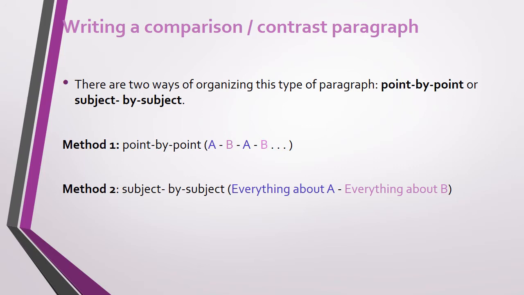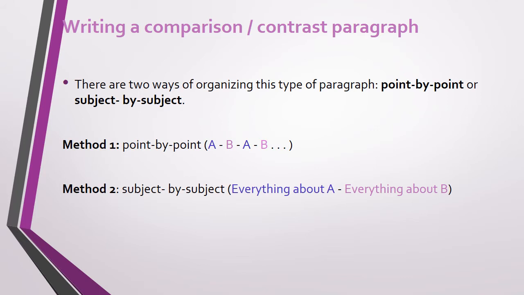Here, the discussion of A and B is done at the same time. So we alternate between information about A and information about B. We have A, then B, then A, then B, then A, then B, till we finish the whole comparison or contrast.